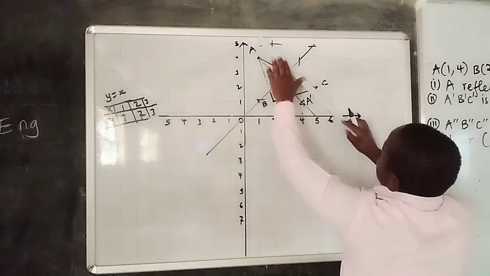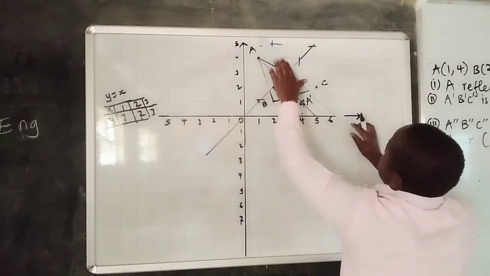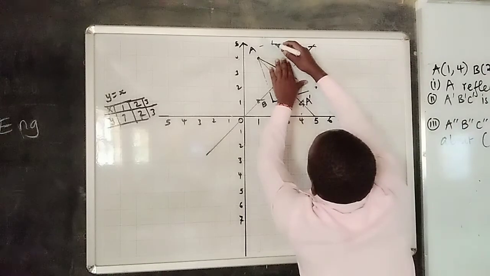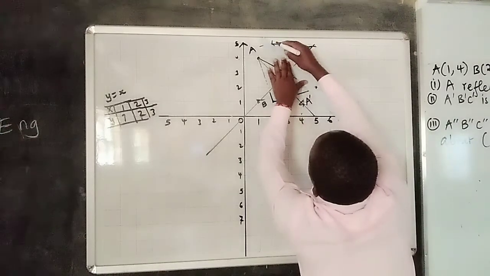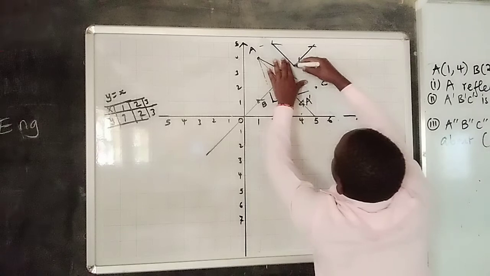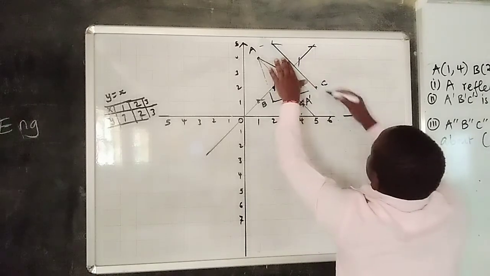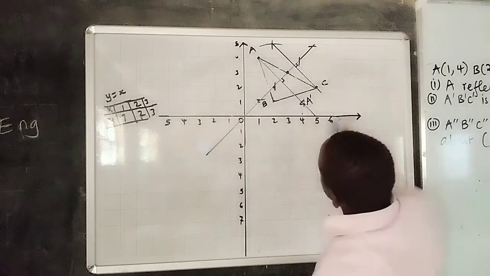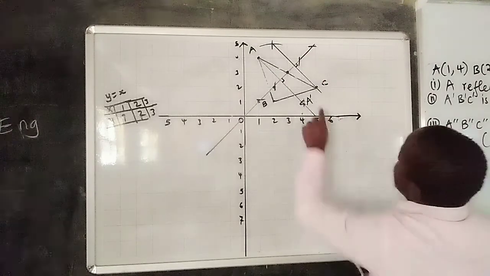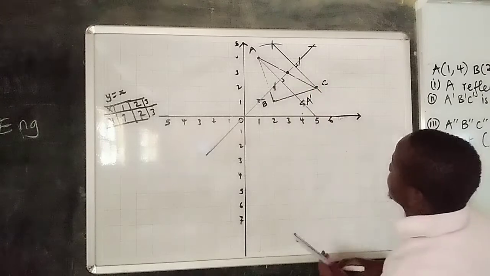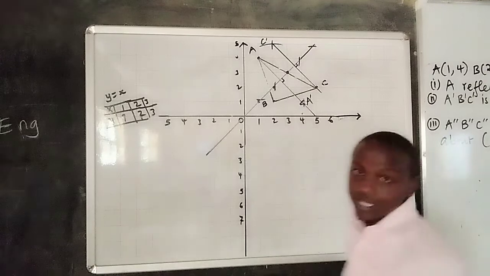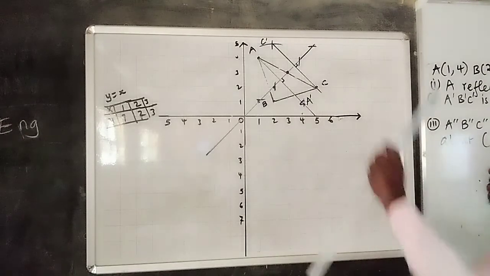So this will be the perpendicular now from C through the mirror line to the reflected C. So these are perpendicular lines, and we need an equal distance to the other side, and it should be here. So this will be the reflected C. C reflected will be on the other side.